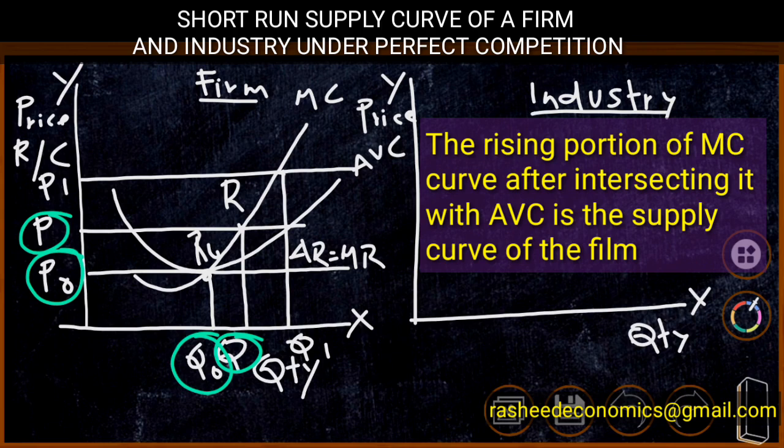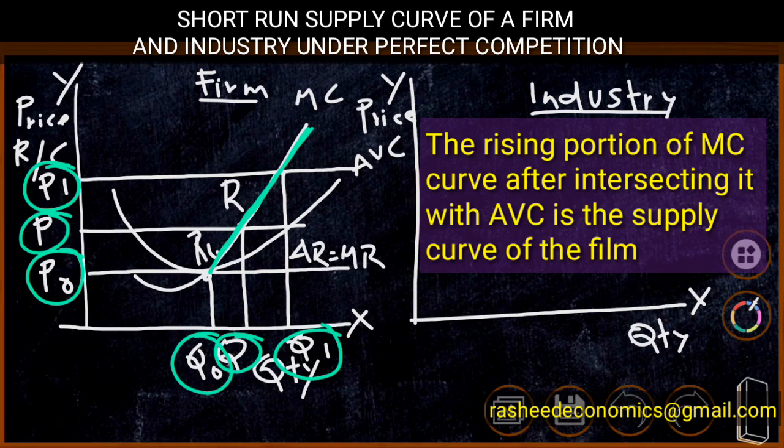Similarly, when price increases to OP1, quantity also extends to OQ1. Therefore, we have got three quantities and three prices which are directly related, and therefore the supply curve of the firm is the upward sloping portion of the MC curve after intersecting it with the AVC curve. This is the case of the supply curve of the firm.